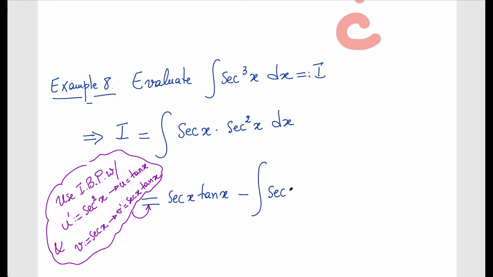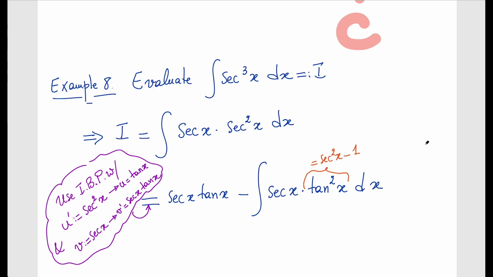So sec x times tangent squared x dx. Okay. Alright, so now I'm gonna relate tangent squared to secant squared, as above. Tangent squared is secant squared minus 1, right? So tangent squared is secant squared minus 1.